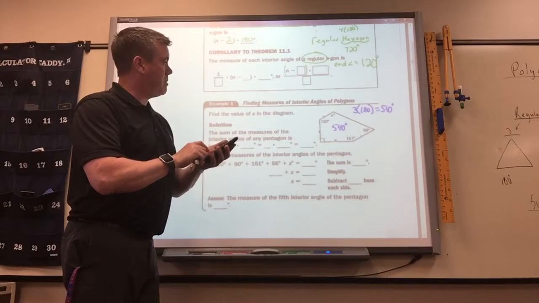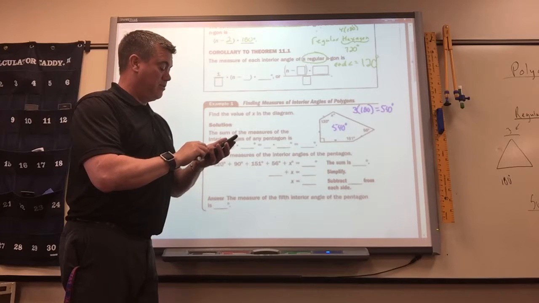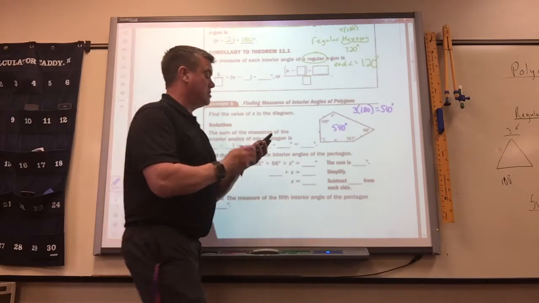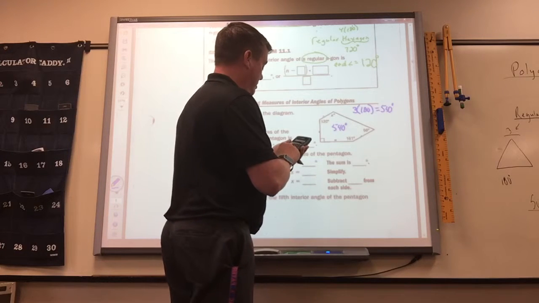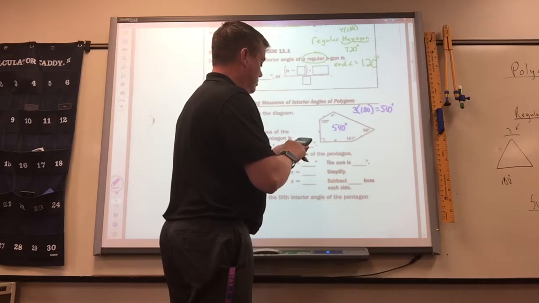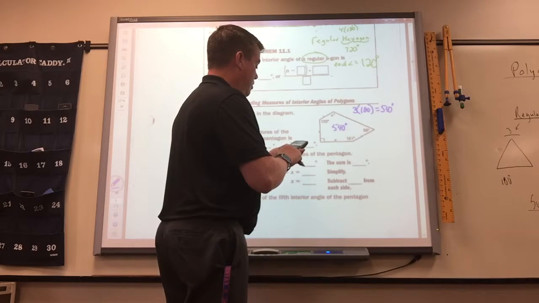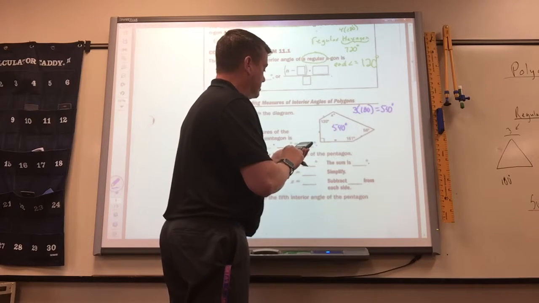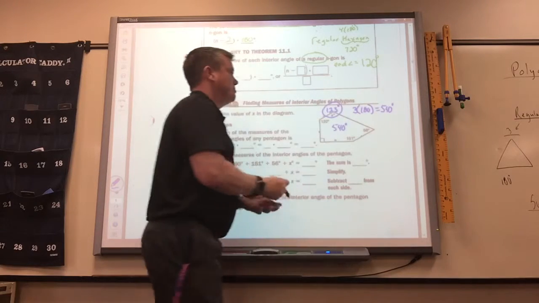So 540 minus 120 minus 90 minus 151 minus 56 is 123 for x.